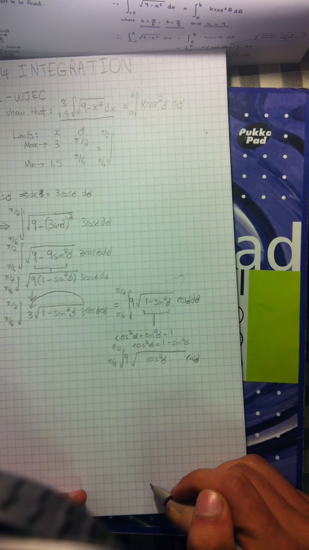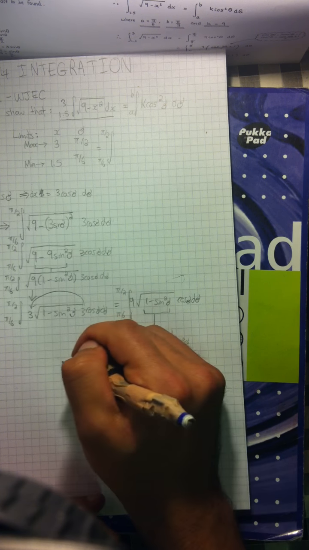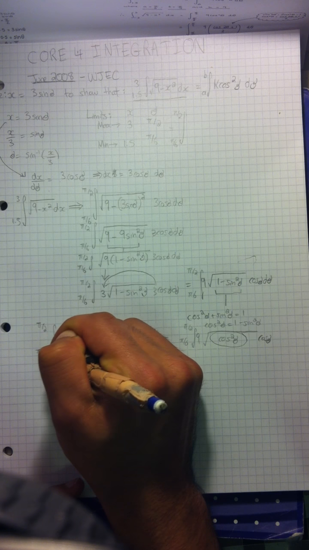So now I can work on this. What I'm going to do next is square root this element. So square root of cos squared theta just becomes cos theta, but then when I times it by this cos theta, it gives me cos squared theta again. That gives me 9 cos squared theta d theta, same integrals, pi over 2, pi over 6.